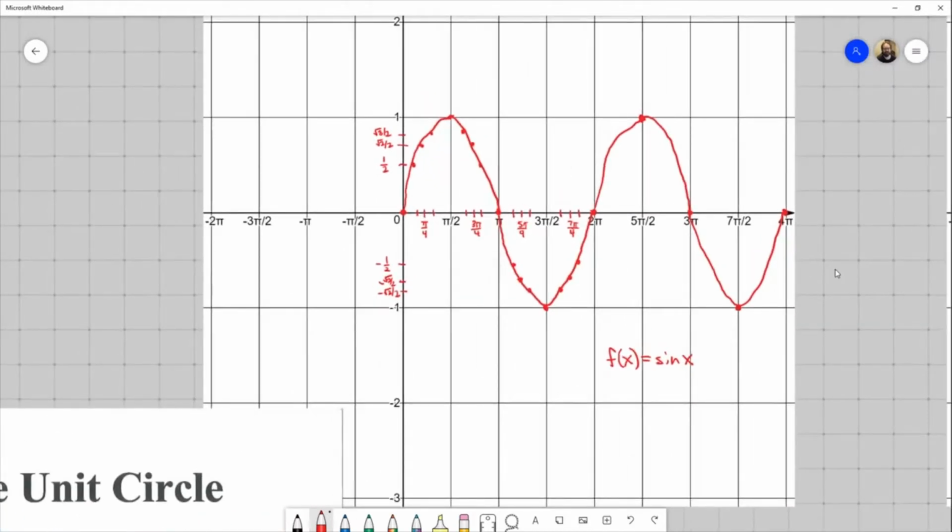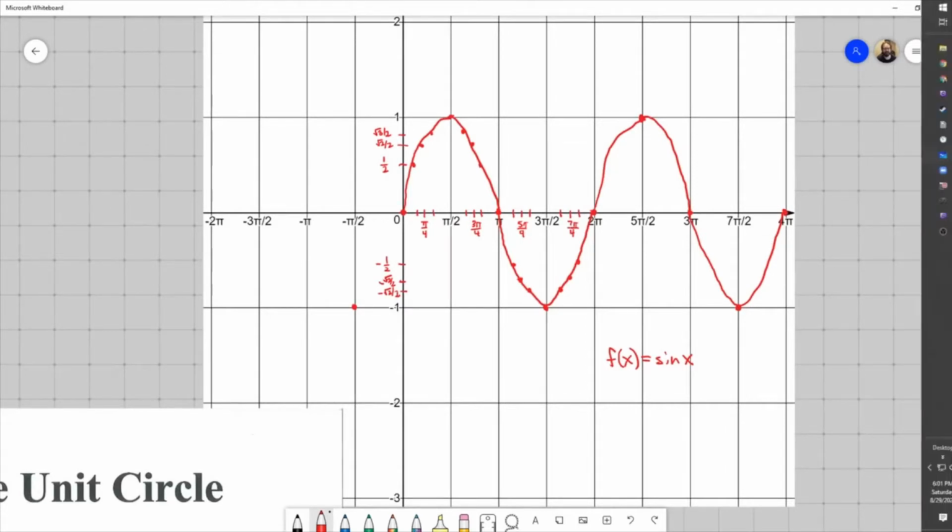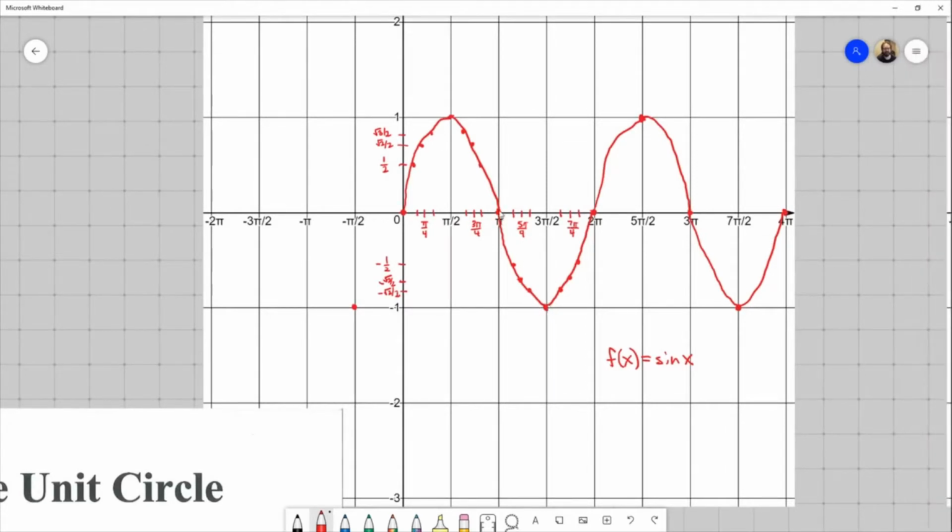Go back down to -1. As I keep moving to the left, I go back up to 0. As I move to the left, I go up to 1. And then back down to the start of our period, back down to 0.